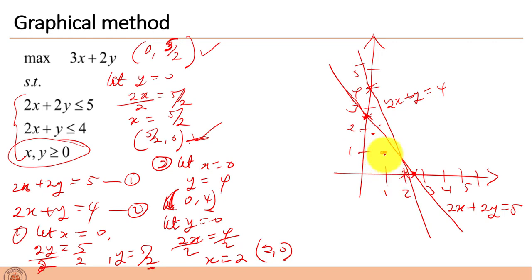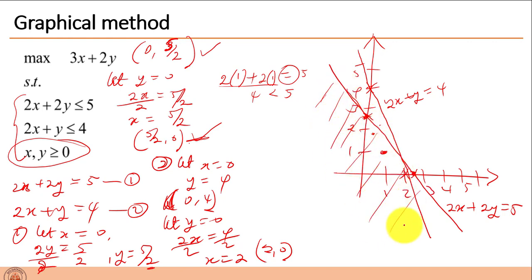So if I put 1, 1 inside the first inequality, 2 times 1 plus 2 times 1 equals 4, and 4 is less than 5. So that inequality part is satisfied. So it means that anything that is below here satisfies that particular constraint, the inequality.